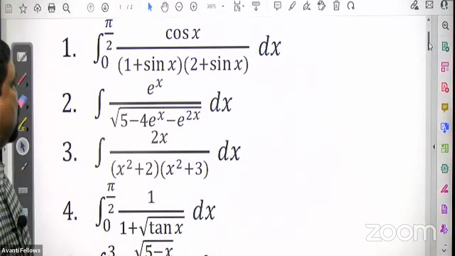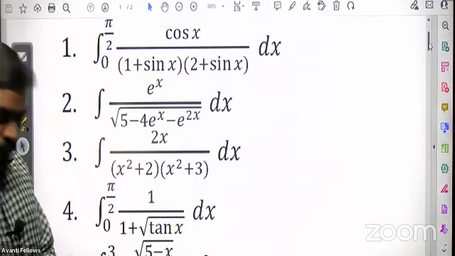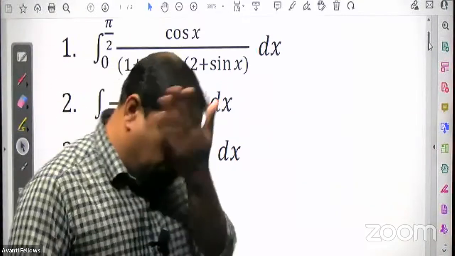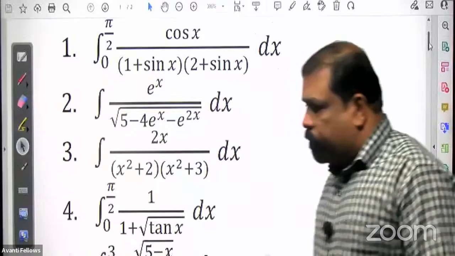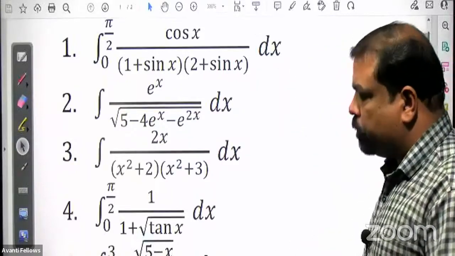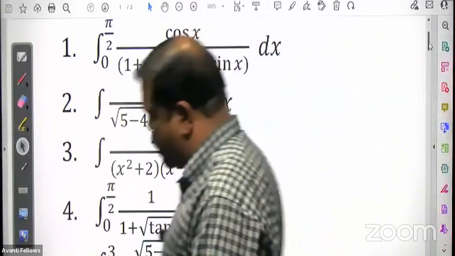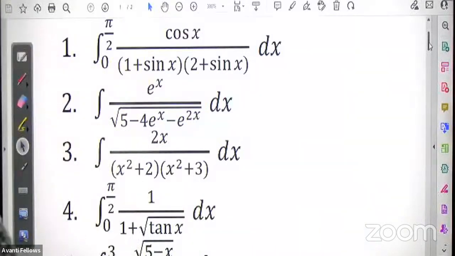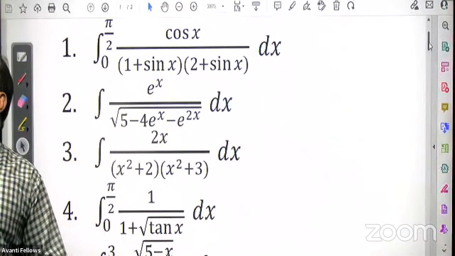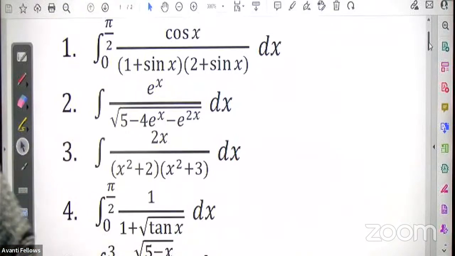So I think it is visible now. Take the first question: integral from 0 to pi by 2 of cos x divided by (1 plus sin x) into (2 plus sin x).